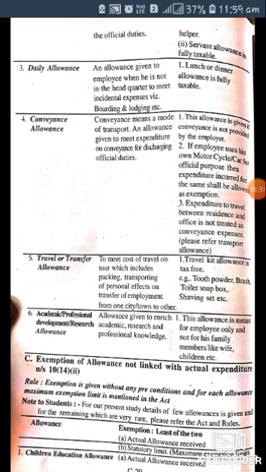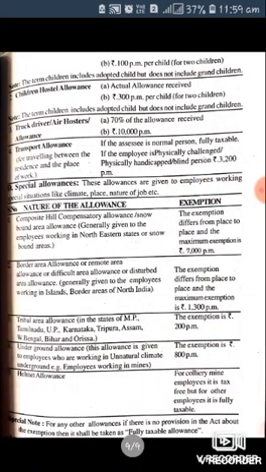Next is exemption of allowance not linked with actual expenditure under section 10, subsection 14(2). The rule is that exemption is given without any preconditions, and for each such allowance a maximum exemption limit is mentioned in the Act. Here, children educational allowance: actual allowance received or 100 rupees per month per child for 2 children.